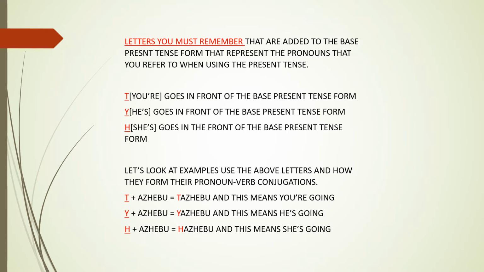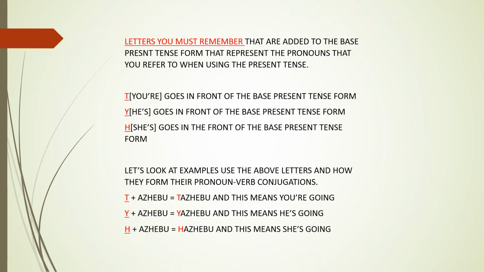So let's go to the next letter that you see in red, which is Y. Y represents he's or he is, right? So you add the Y in front of any base present tense form, and this lets you know that you're talking about he, or using the pronoun he or he is.